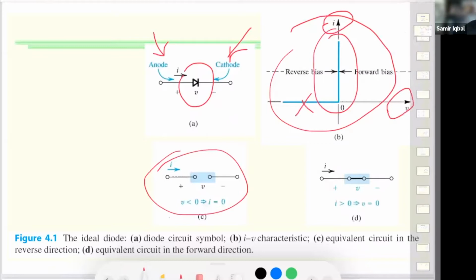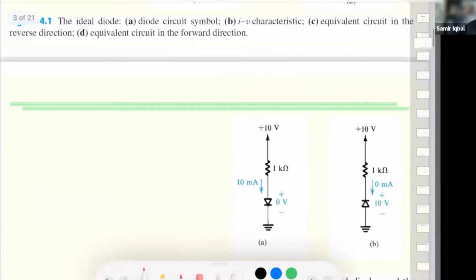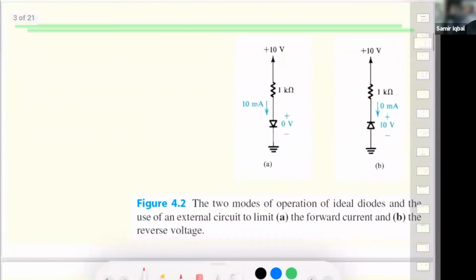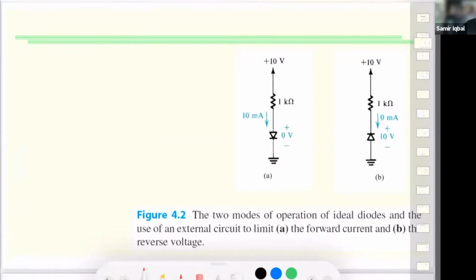Now, if I say this, then we can simply look at it as a resistance with a very high value, or a resistance that has no value. And we'll look more at how we can model this. But these are just two modes of operation, showing that an ideal diode and external circuit can result in a current flowing or no current flowing.